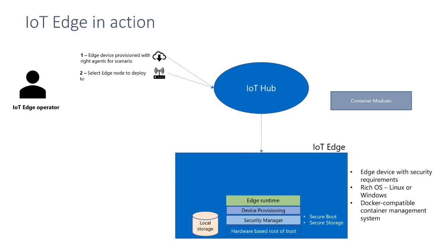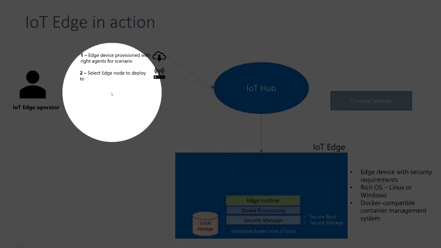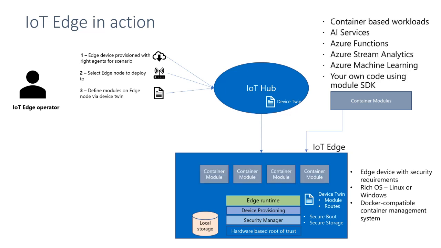So after the device is created, you go into IoT Hub and you indicate what you actually want to deploy to that particular Edge device. By that I mean what sort of modules or functionality you want to deploy, and you can define that definition in the IoT Hub, and that configuration is pushed down to the Edge.